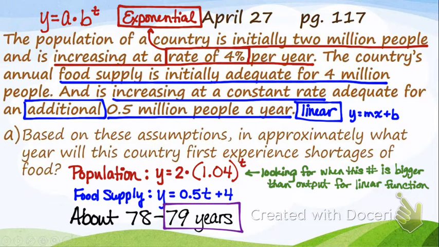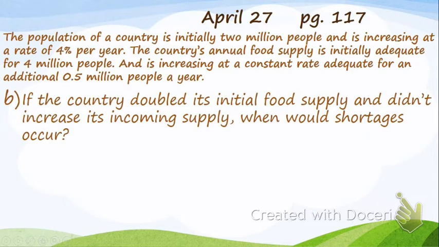Look down at the question in part B. The country doubles its initial food supply, but they don't change how much they're growing each year. They just add more stockpiles right now. Did it tell us anything about the population?